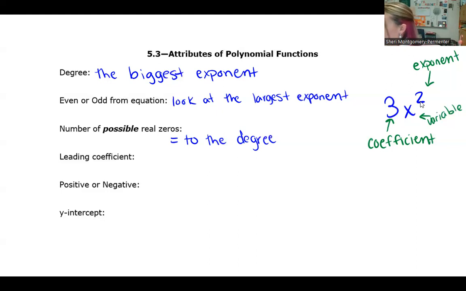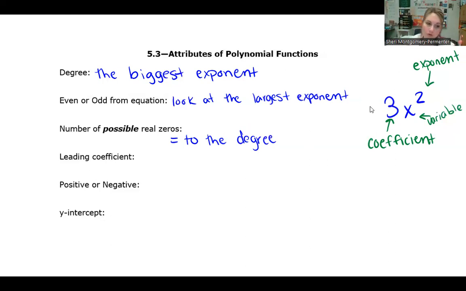So if we start with 4, we have 4, 3, 2, 1, and then none, which is our constant. So when we're looking at the leading coefficient, you can't always assume that it's the very first term because sometimes they're mixed up. Most of the time they are in standard form, so it's whatever's written first at the beginning of the problem. But the leading coefficient is just the number in front of the variable that has the highest exponent.